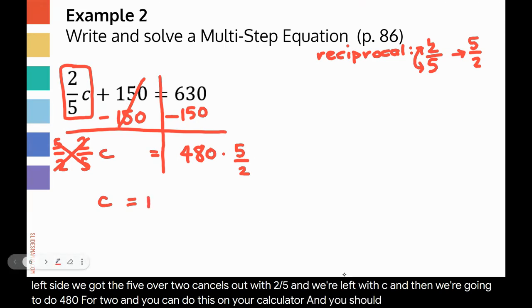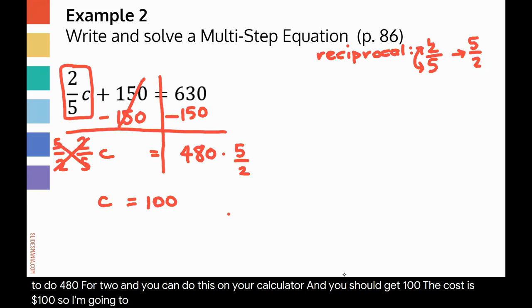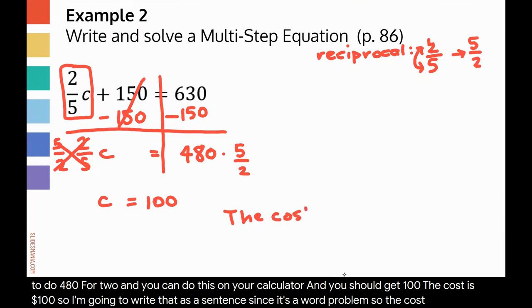And you should get 100. So the cost is 100. So I'm going to write that as a sentence since it's a word problem. So the cost is $100.